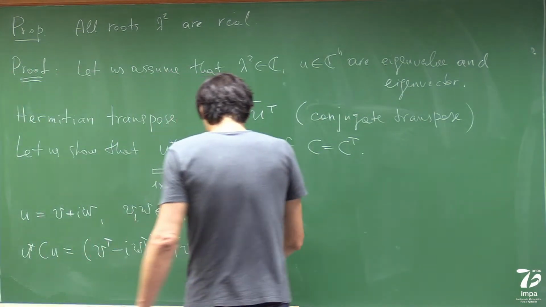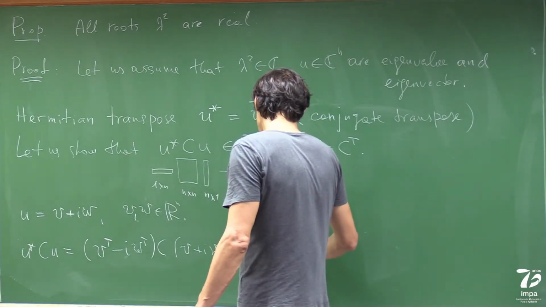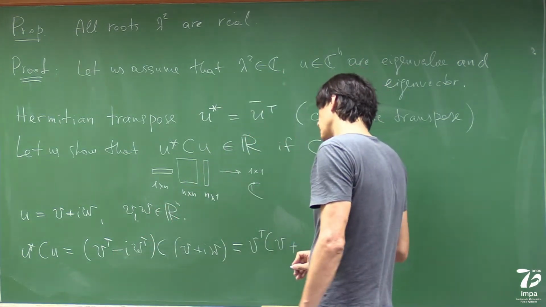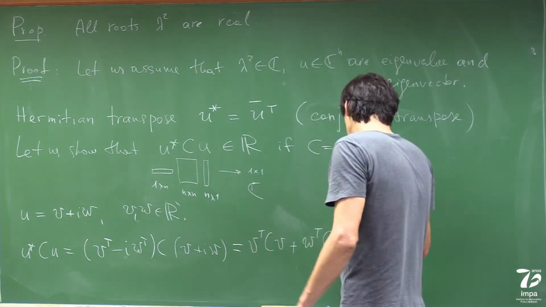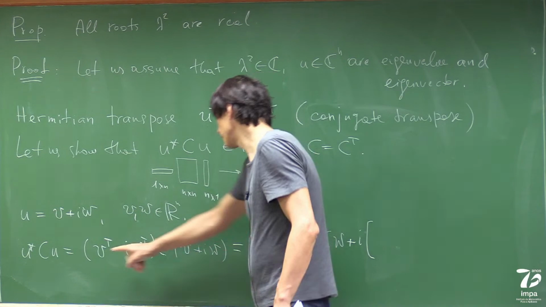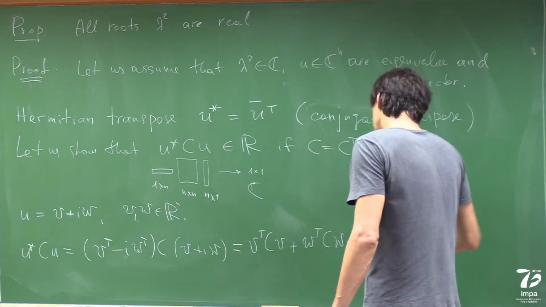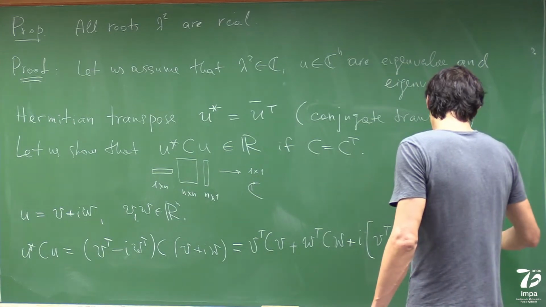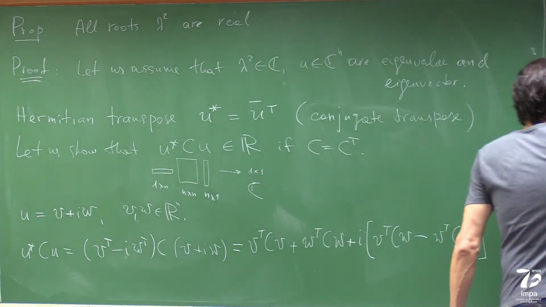Open the product. First it becomes V^T C V. Then we take W times i by minus i, which gives 1, so it's plus W^T C W. This is the real part. Then the imaginary part comes from this i, so it's V^T C W minus W^T C V. We need to show that the imaginary part is 0.